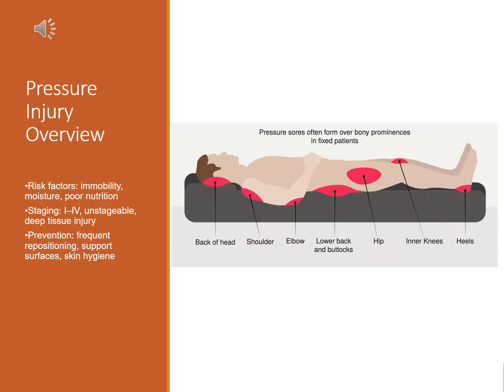Some of the other risk factors are advanced age, malnutrition, poor perfusion, diabetics who have poor blood flow and decreased sensation, or increased moisture related to sweat, urine, or stool. The way that we look at these, they can be staged, and we will talk about this in the next slide. But this is related to which layer of skin is impacted.